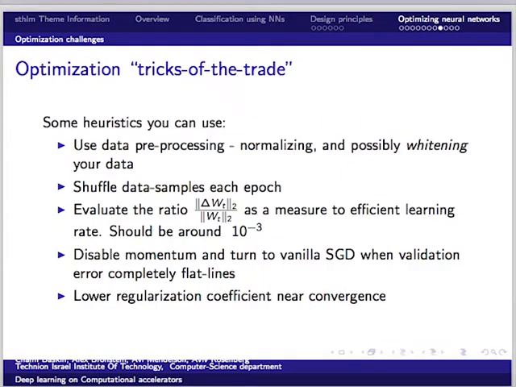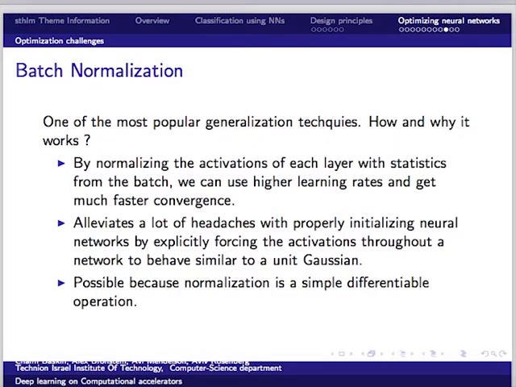Now I want to talk about batch normalization. We have a few minutes. So why do we need it, and what is it actually doing? It's one of the popular generalization techniques that normalizes our activations in each layer.